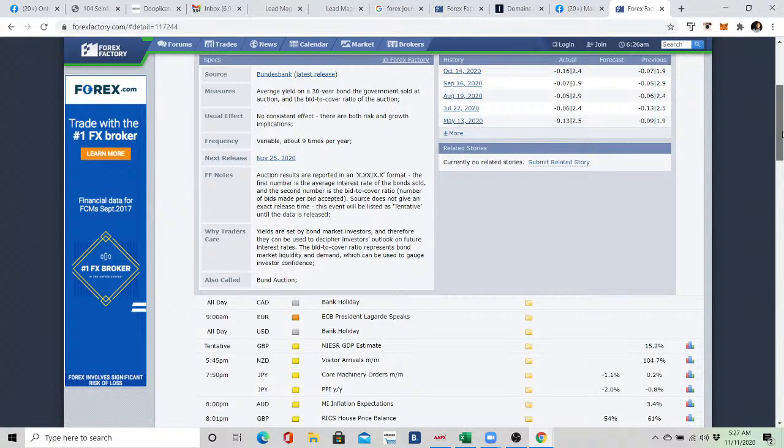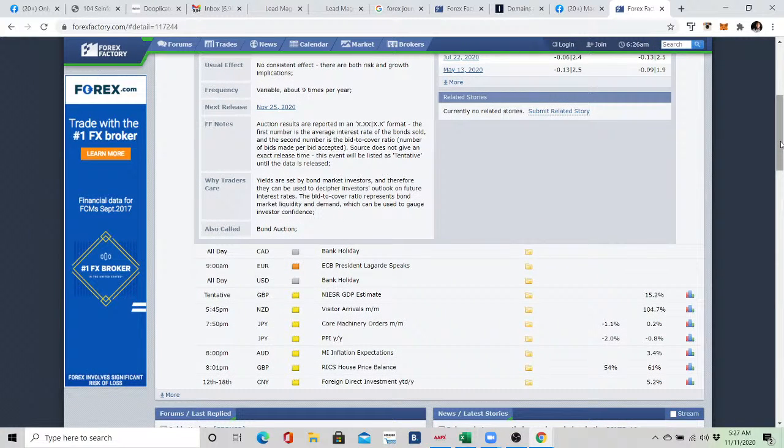Average yield on 30-year bond. The government sold at auction, and the bid to cover. Also, someone told me yesterday that Amazon and I think Tesla had a lot of news.